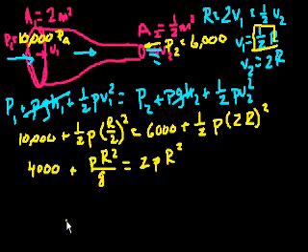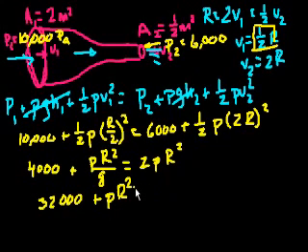We can multiply both sides of this equation by 8 just to get rid of the denominator. So we'd get 32,000 plus rho R squared is equal to 16 rho R squared.